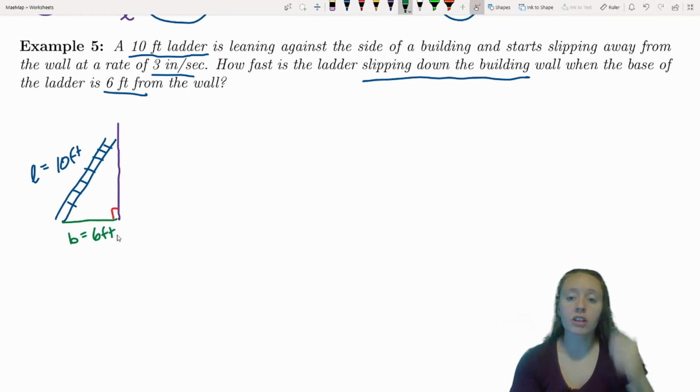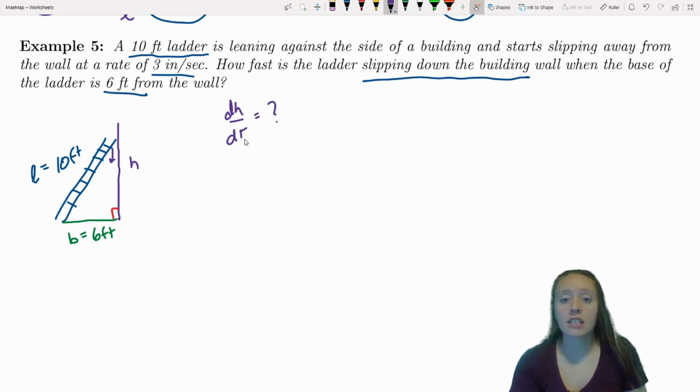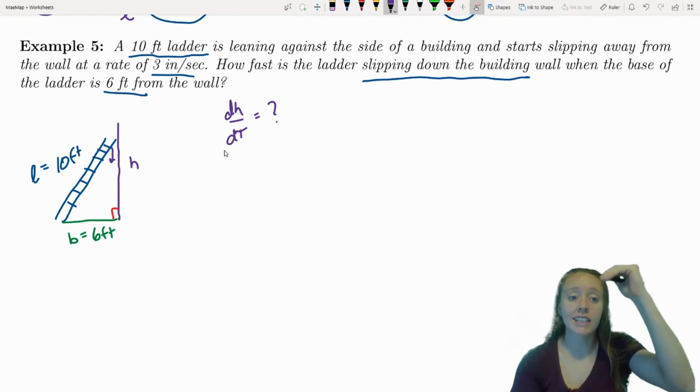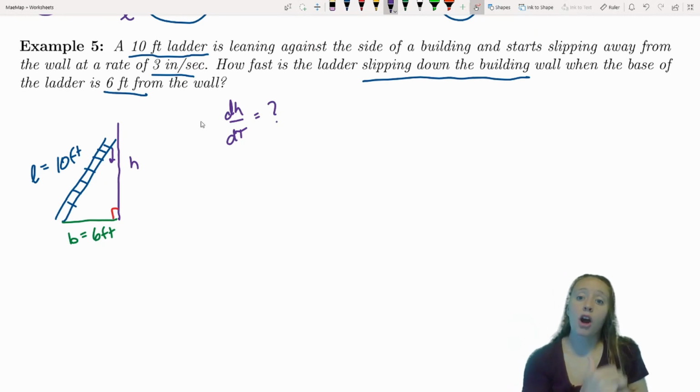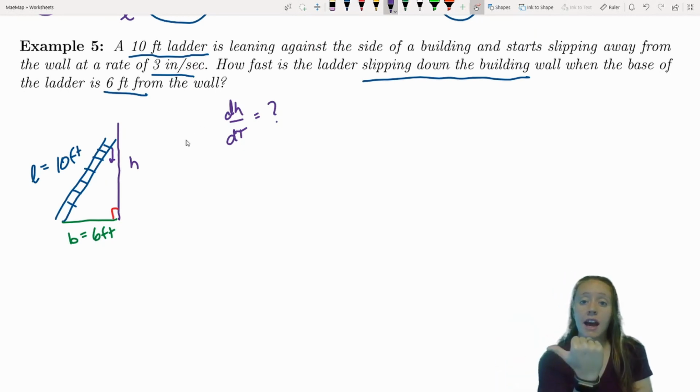What we're trying to solve for is how fast this ladder is slipping down the wall. So if I have a base B, I'll label this side as H. I'm trying to find dH/dt. What is dH/dt? That's my unknown, how fast that ladder is slipping down the wall. But my other known that I can fill in is that it's slipping away from the wall at a rate of 3 inches per second.